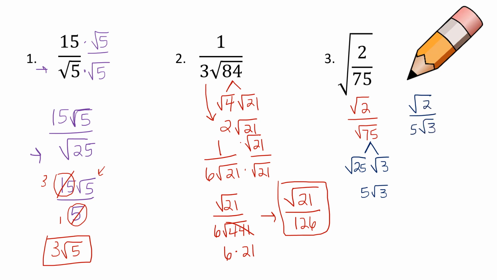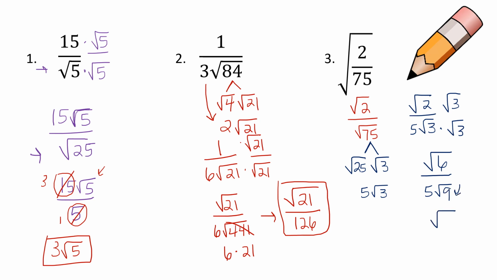And again, a red flag going off in your brain should be that square root of 3 in the bottom. So I got to multiply by the square root of 3 to both bottom and the top. So on top, because they're both under the radical, I can multiply those numbers together to get square root of 6. On bottom, I'm going to get 5 square roots of 9, which again, 9 is a magical number.